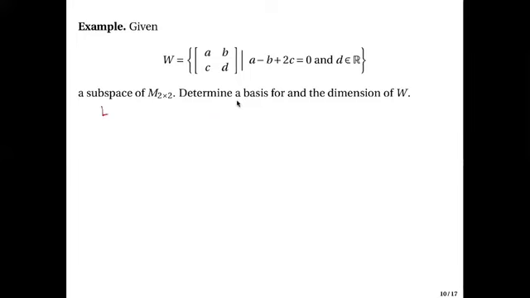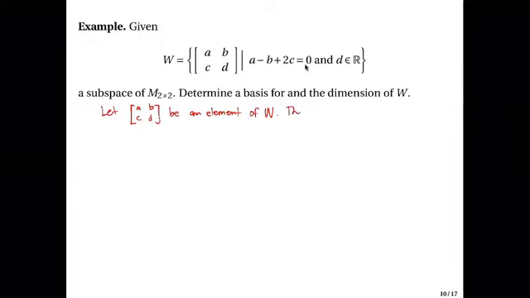So again, we start with an element of W. So let A, B, C, D be an element of W. Since it's an element, this guy here is an element of W, this condition must be satisfied. Okay?